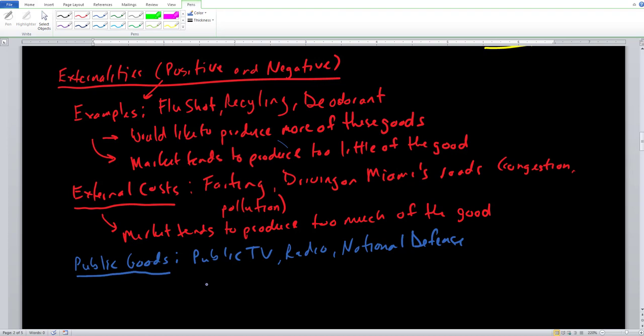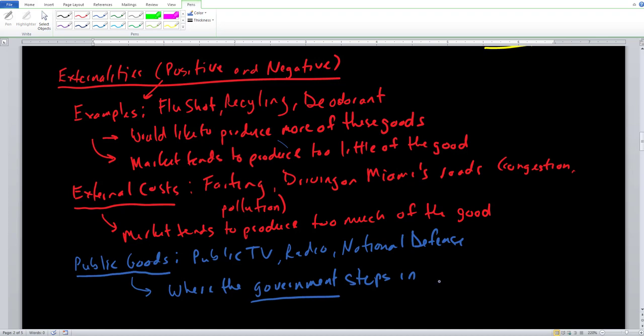These are all things that the government is going to be providing for us. So the main feature that we have with public goods is this is where the government steps in, in order to combat the issue of non-rivalry and non-excludability.